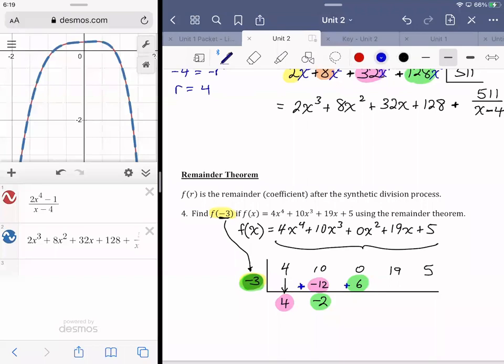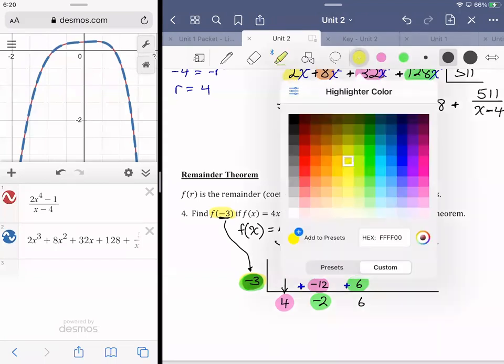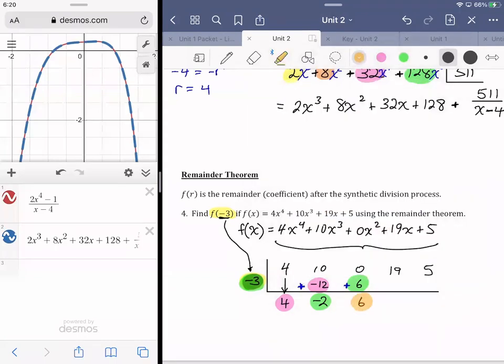Add. Result is 6. Take that, multiply it by the expression on the outside. Going to bring orange back into the fray here. 6 times -3 is -18. Add. 19 plus -18 is a 1.